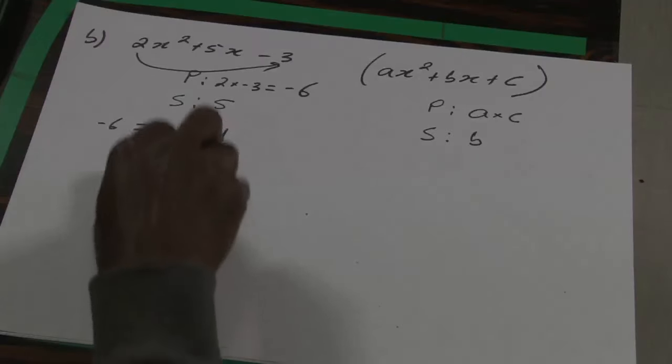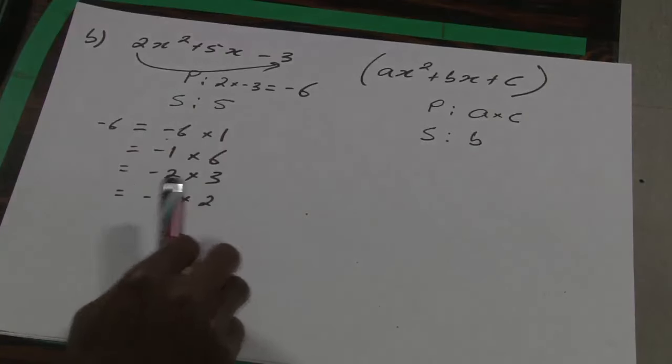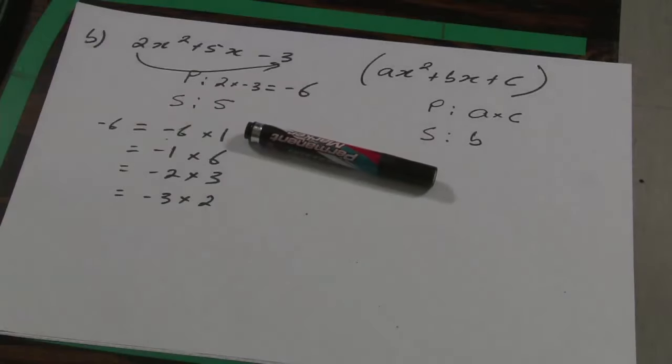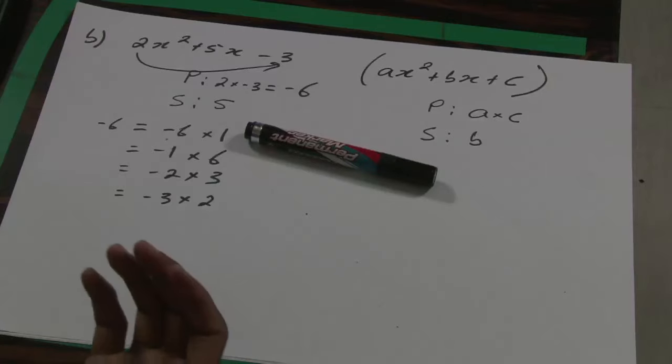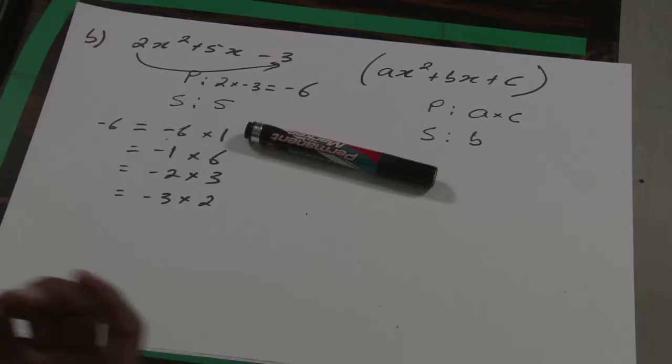And now we need to examine these combinations and see which combination of two numbers can be added to get 5. If you look at the first one, you have -6 plus 1, you are getting -5. So we don't have 5. You look at the second one, you have -1 plus 6.